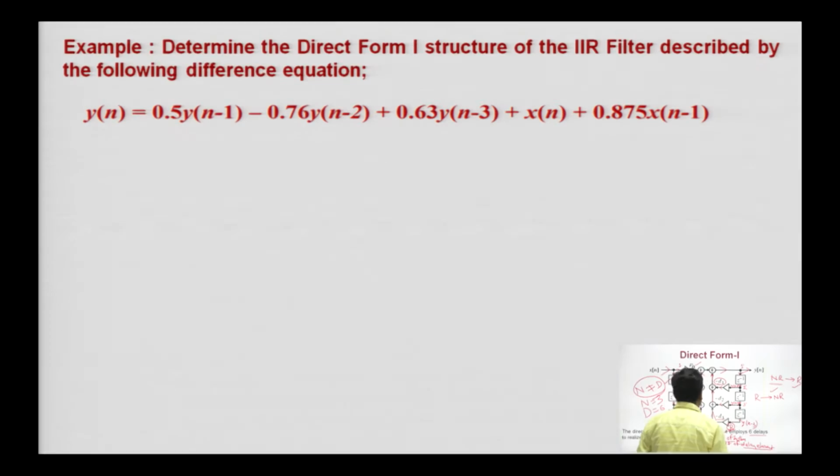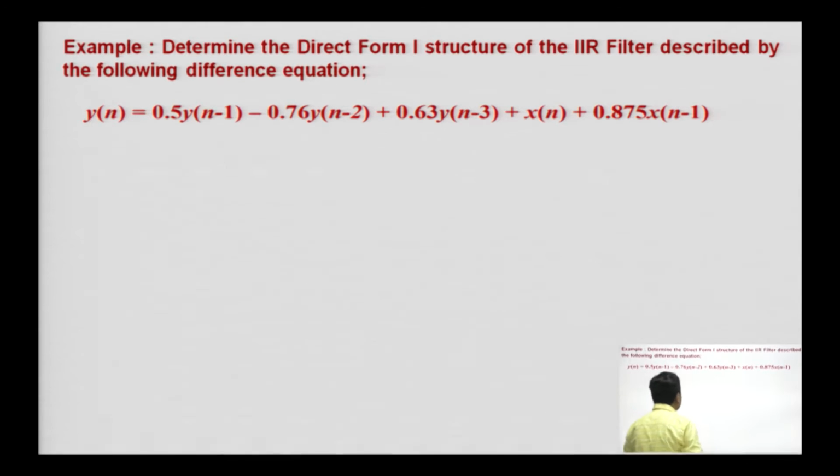Now, in the next slide, this is the question, and in this question you have to realize your structure for this given difference equation using direct form 1. Okay. So, direct form 1 के लिए सबसे पहले हमें Hz चाहिए. So, this is your difference equation in discrete time domain. At first you have to take the Z transform on both sides.